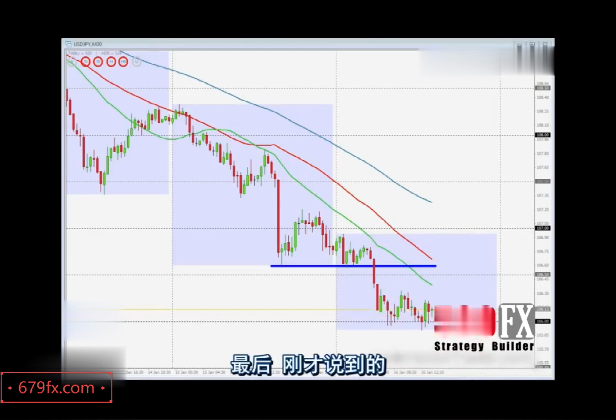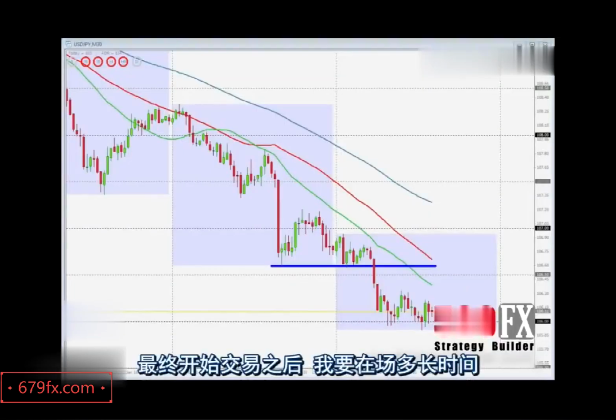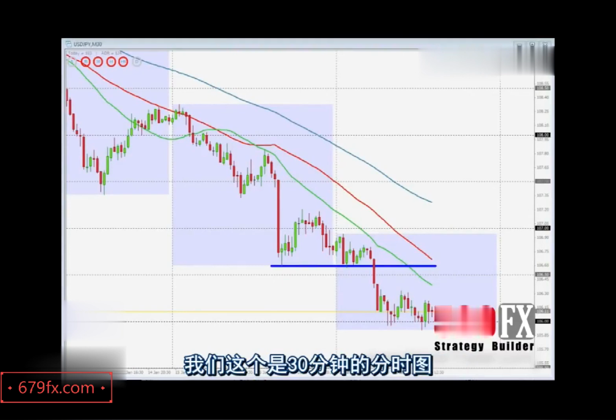And finally, as I was mentioning previously, what's the time scope for this trade, for this setup? If I eventually do get an entry, since this is a setup based on the 30-minute time frame, it's an intraday type of trade.